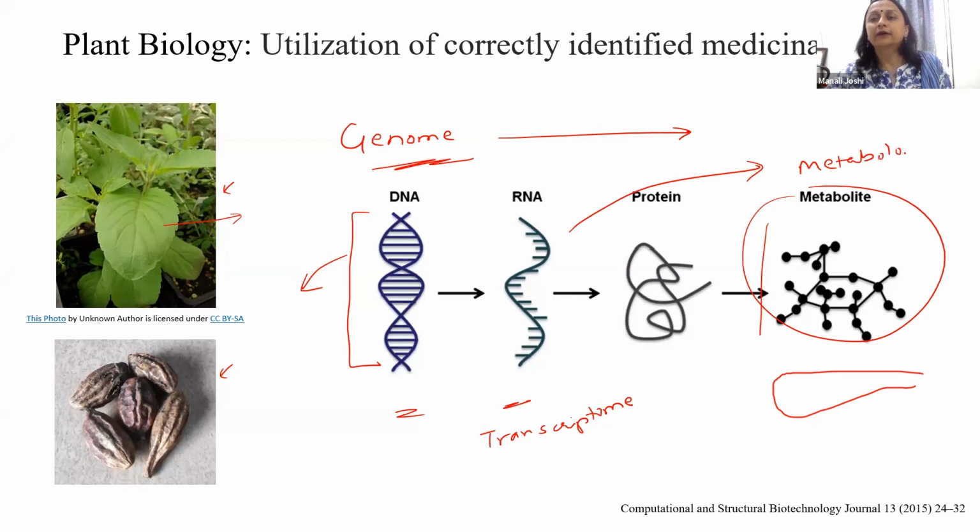Because if we are very interested in the secondary metabolites and we have a detailed insight into all of this, then we have a much better control and standardization in making products. So I think one of the biggest areas that can have a lot of computation is plant genomics.